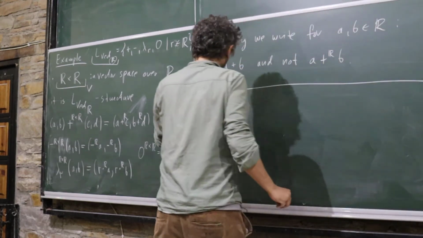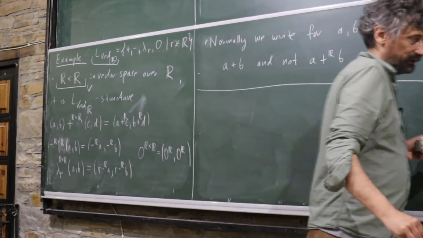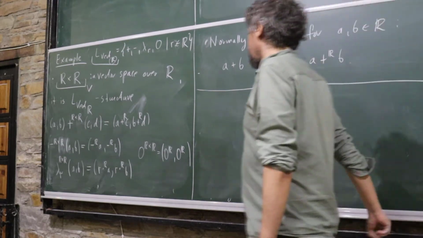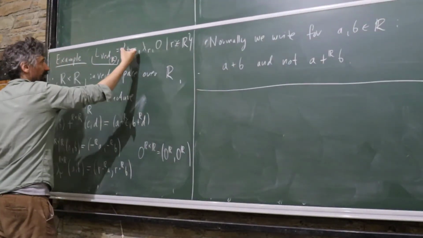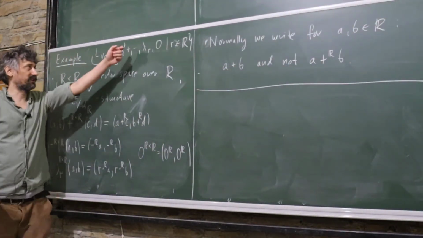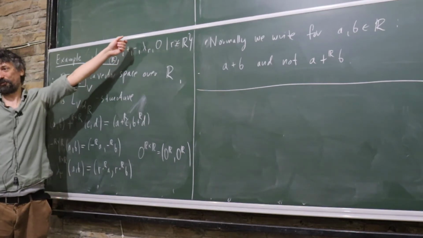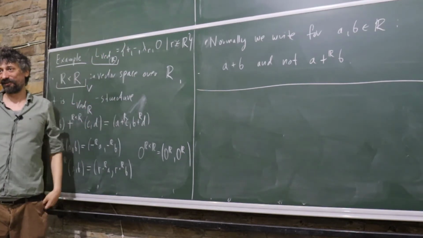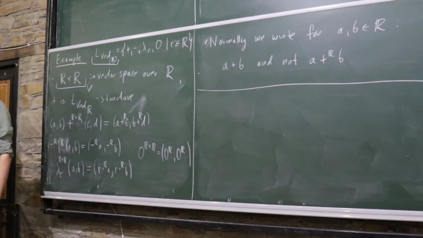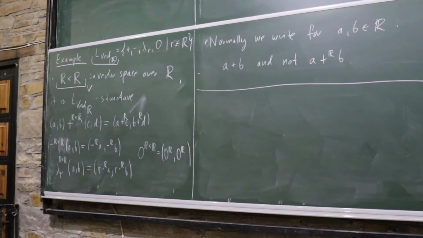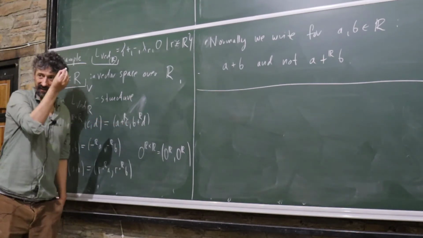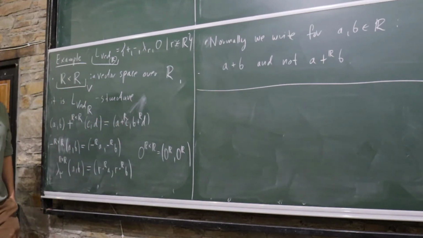So in practice, even if we have interpretations of these symbols, we don't write this interpretation on the top, we write the same symbol as for the abstract symbol. We forget about all of this, because usually it has some obvious meaning, so we don't put this R upstairs.